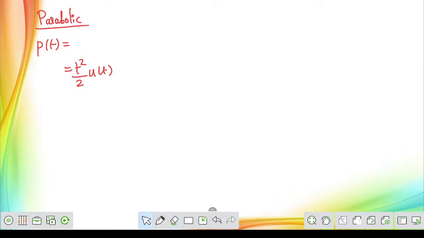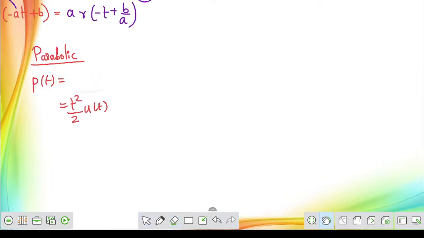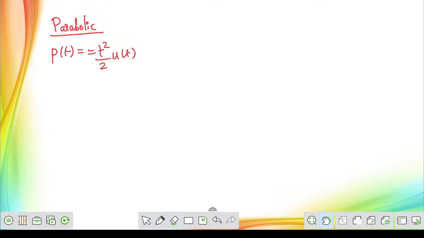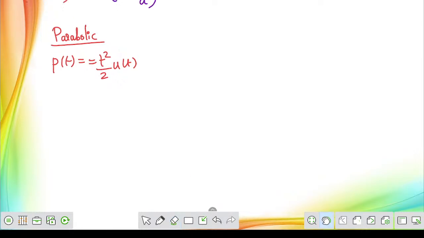So consider only this one. This is your p of t signal, the representation of a parabolic signal.